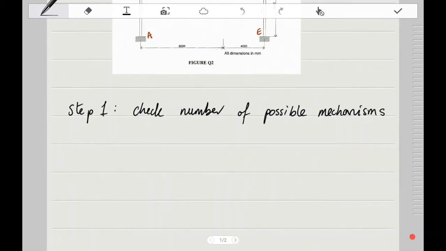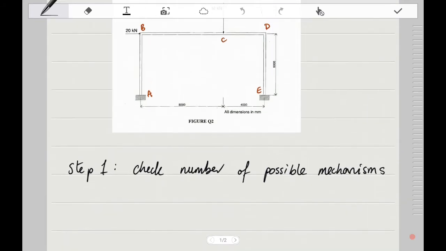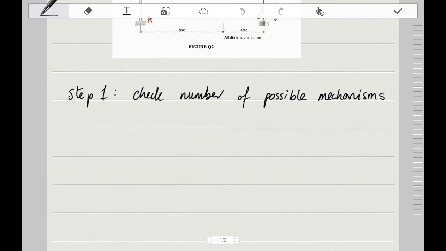Okay, so step 1, check number of possible mechanisms. Now the way to do this is first you calculate the degree of indeterminacy, which I will call DOI.